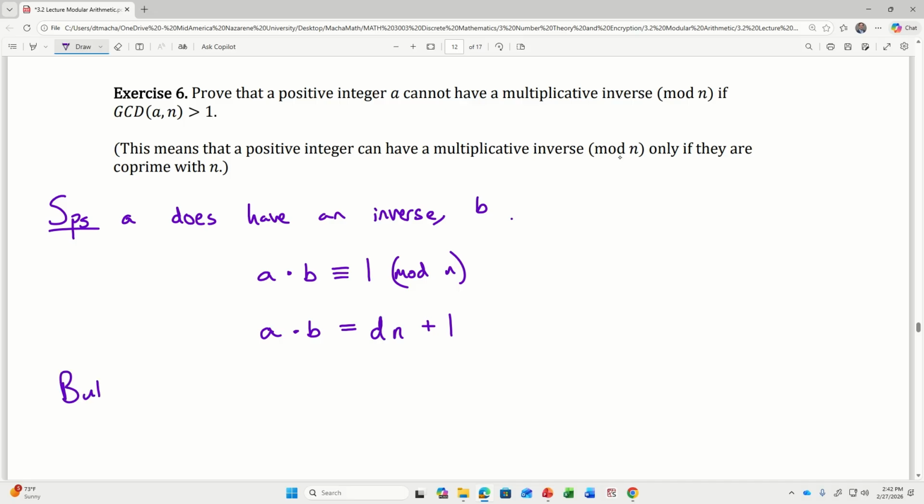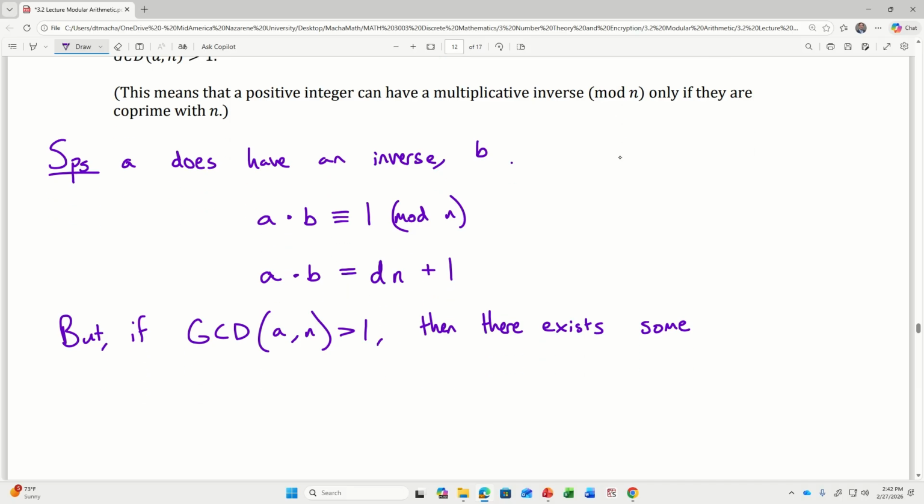But if the greatest common divisor between a and n is greater than 1, then there exists some, I've got to come up with a letter for it, some number k such that k divides a and k divides n.